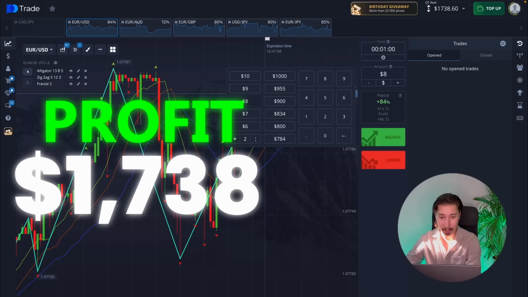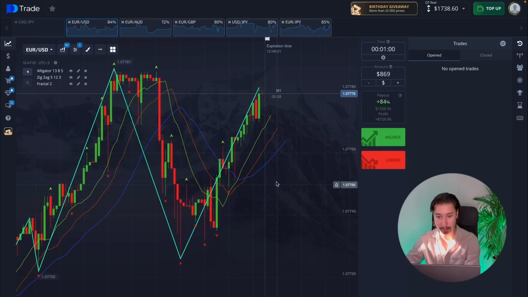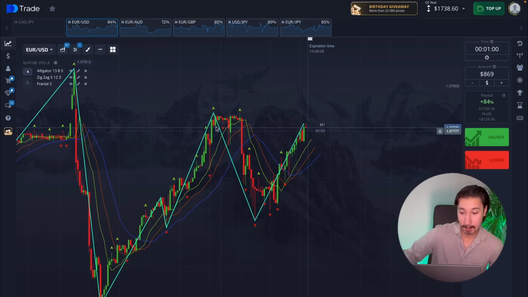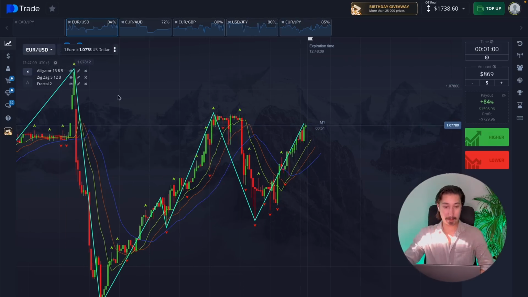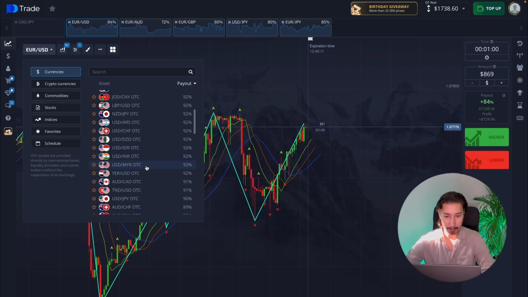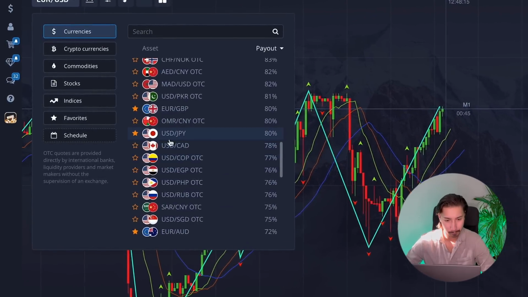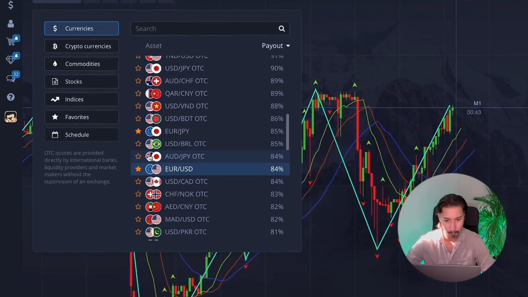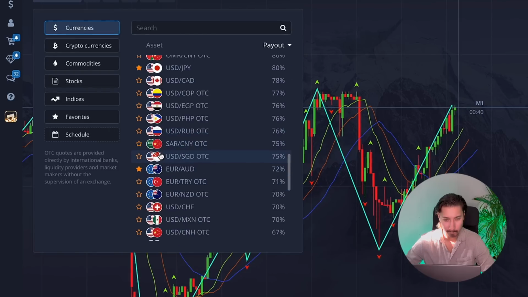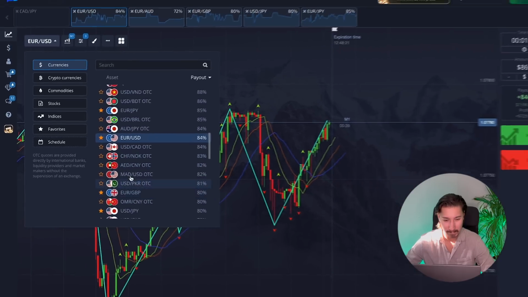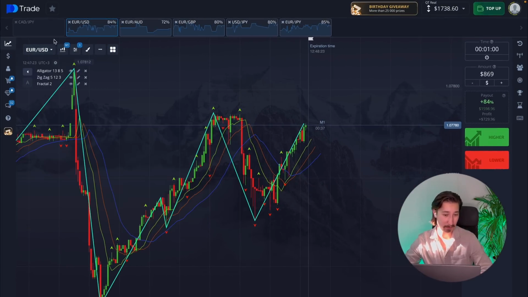Let's change the amount. Let's put 869 and open 2 transactions for a total of our entire balance. Let's continue. Let's pick up some other currency pair and analyze it. Let's stay on these currency pairs.